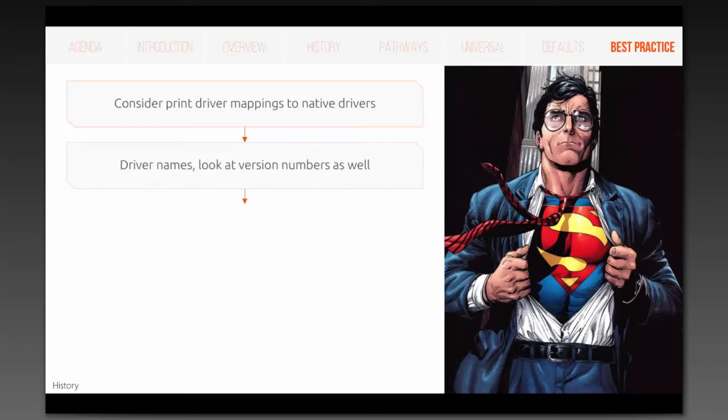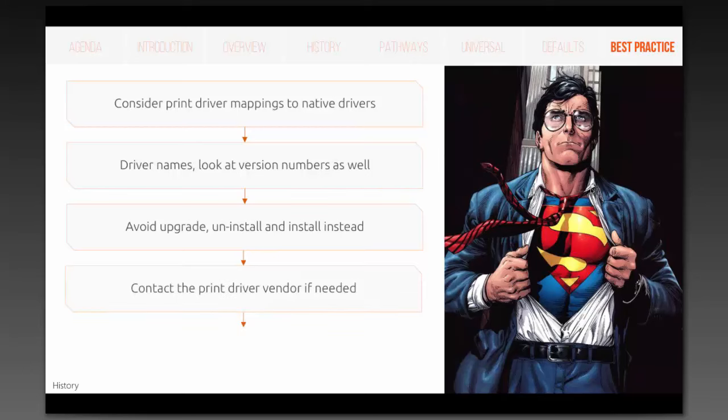And of course, if you look at comparing print drivers on, for example, your XenApp servers when troubleshooting and your client devices, don't just look at the driver names, look at the version numbers as well, because if those are different, it won't work as well. So always try to avoid upgrades and uninstall print drivers and install them fully instead if you can. And if needed, contact the print driver vendor.